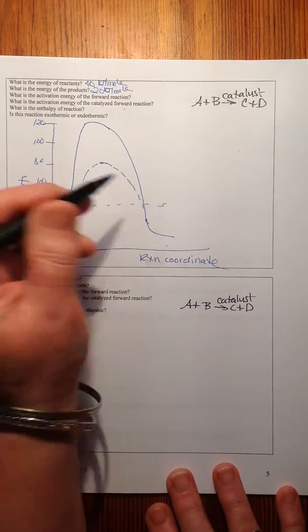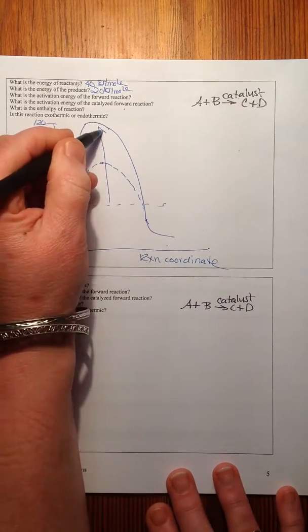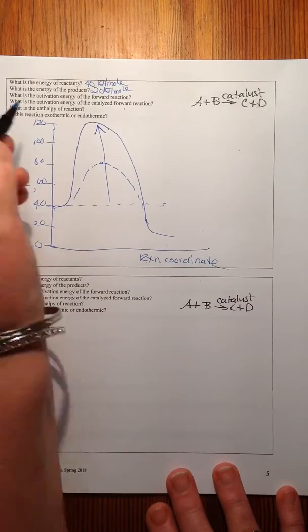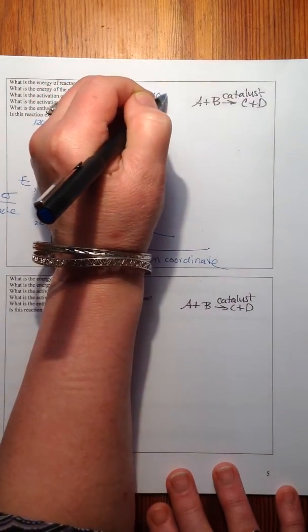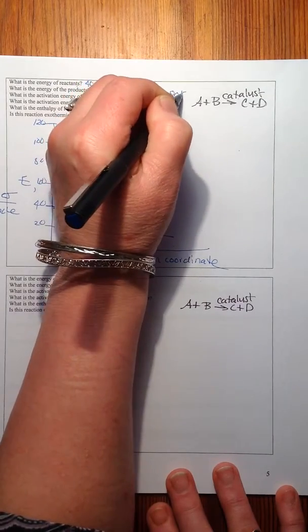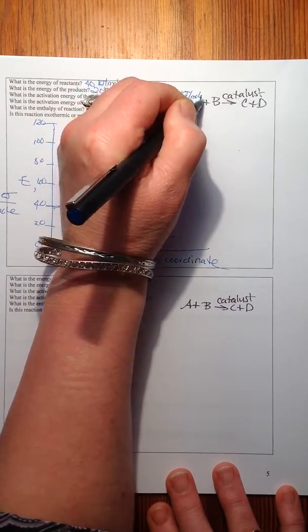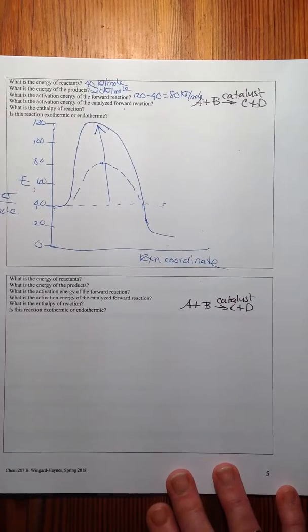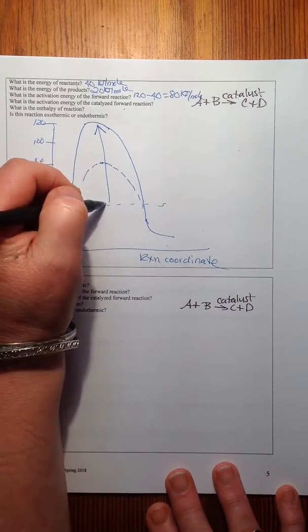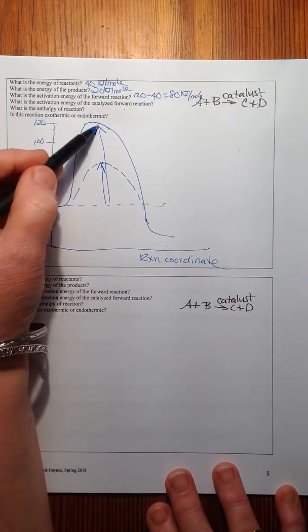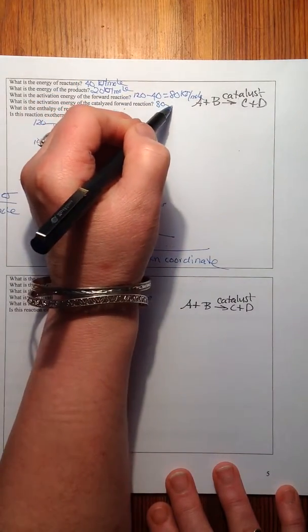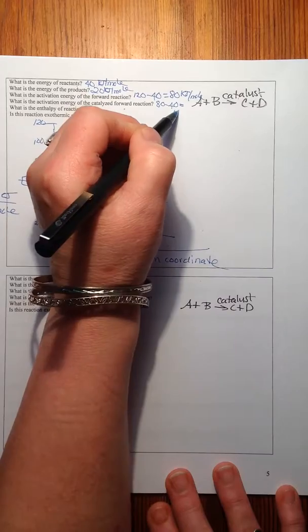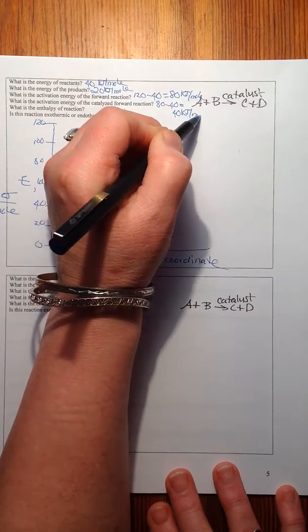Well, I'm starting at 40 and I'm ending at 120, so it's 120 minus 40, or 80 kilojoules per mole. If I put the catalyst in, now I don't have to climb to 120, I only climb to 80. So 80 minus 40 is 40 kilojoules per mole.